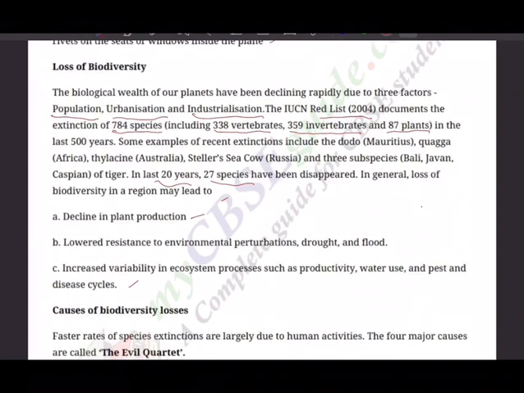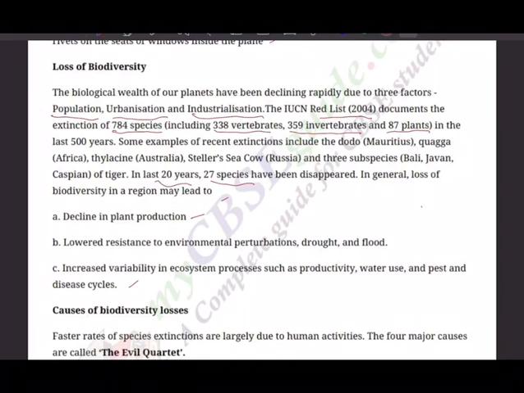In this chapter we have been talking about the definition of biodiversity. What is biodiversity? Bios means life, diversity means forms, different life forms spreading across an ecosystem. And then we talked about the various levels of biodiversity: genetic diversity, species diversity, and ecological diversity.